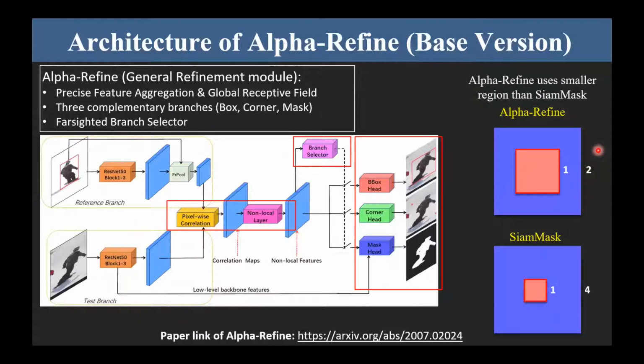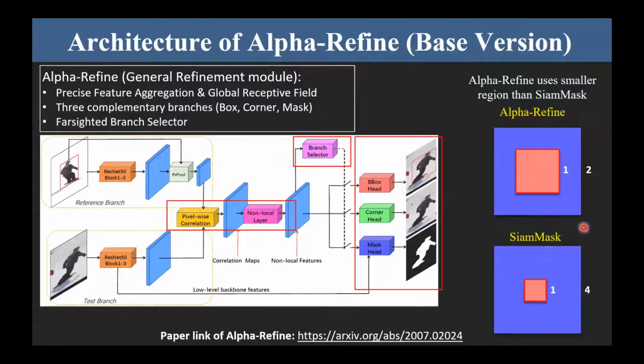To be specific, assume the red square represents the target and the blue square represents the search region. The side length ratio between target and search region for AlphaRefine is 1:2.